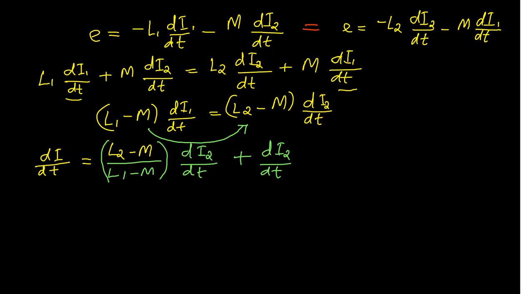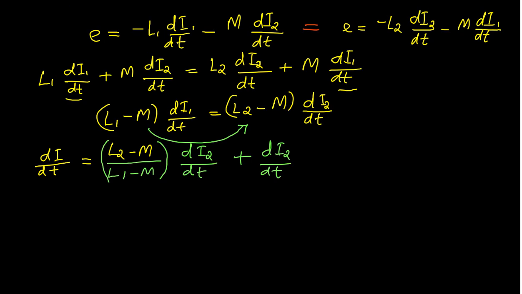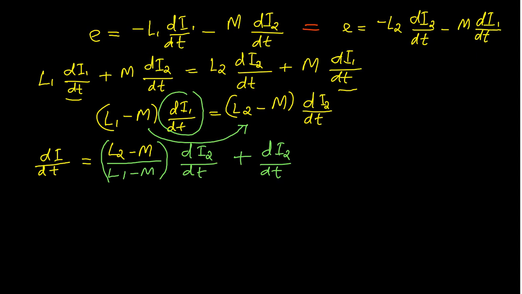We substitute dI1 by dt in this. dI1 by dt equal to L2 minus M divided by L1 minus M into dI2 by dt. So dI by dt equals dI1 by dt plus dI2 by dt, equal to this expression.